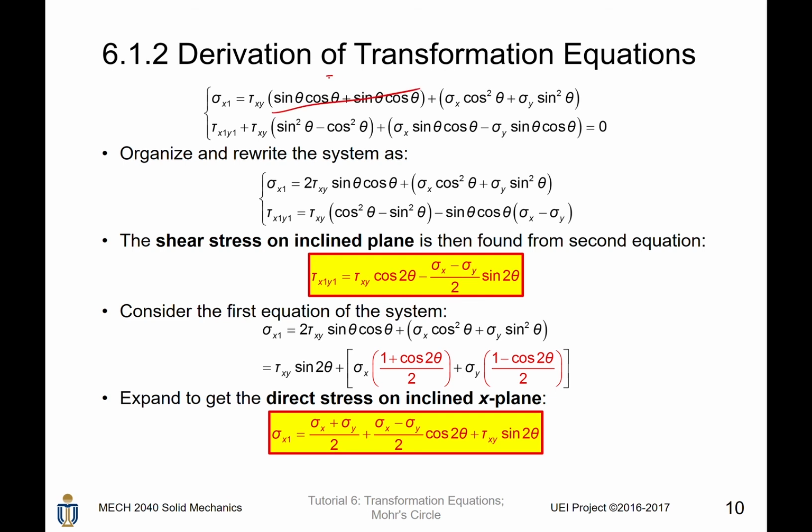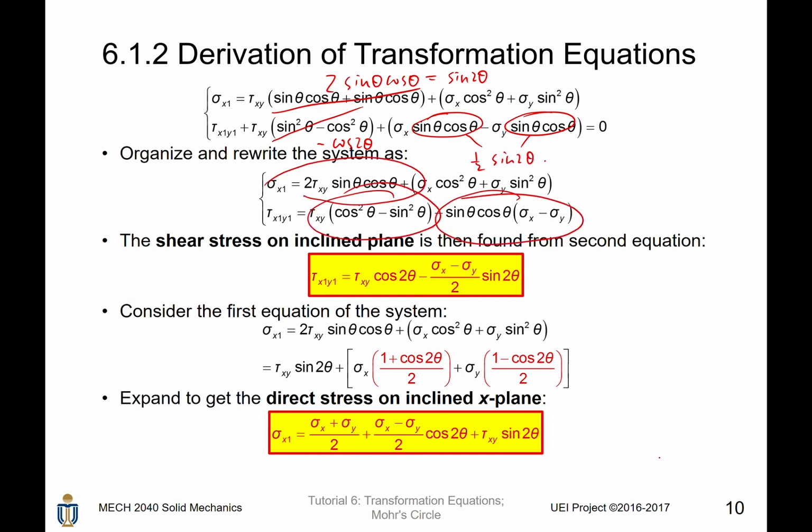Here we have 2 sine theta cosine theta, which equals sine 2 theta. Also, here it is minus cosine 2 theta. Here it becomes 1/2 of sine 2 theta. So here we just group all of them together. We can do some preparation before we really simplify them by using the trigonometric relationships.